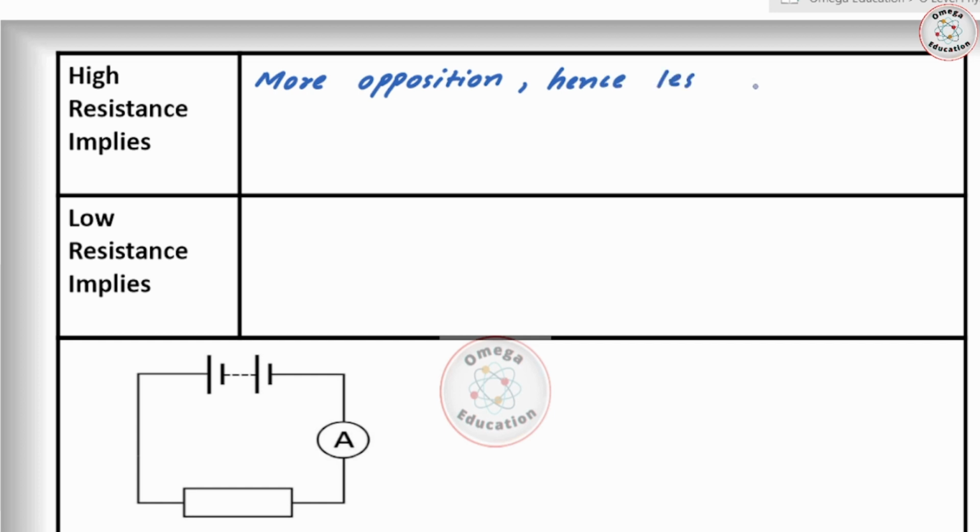So if there's more opposition, there would be less current. And if in a circuit there's less resistance, that implies there's less opposition. Hence, if the opposition is less, more current can pass through the circuit.